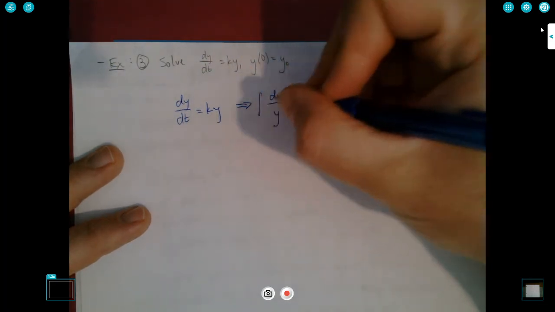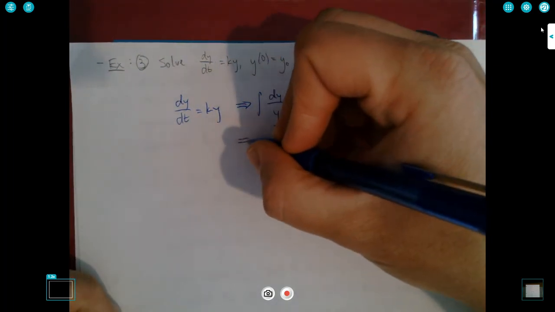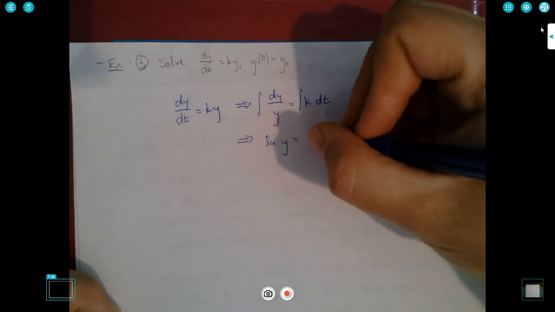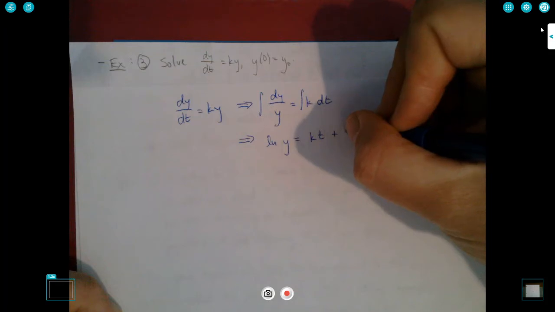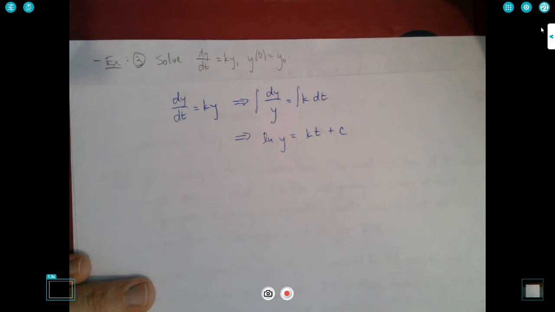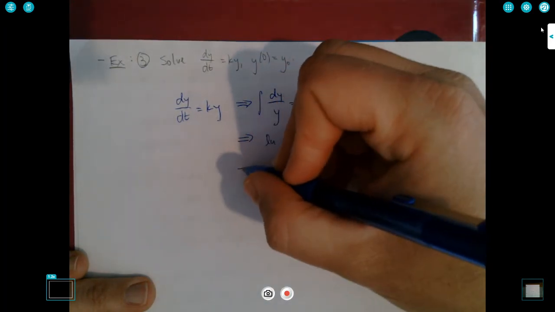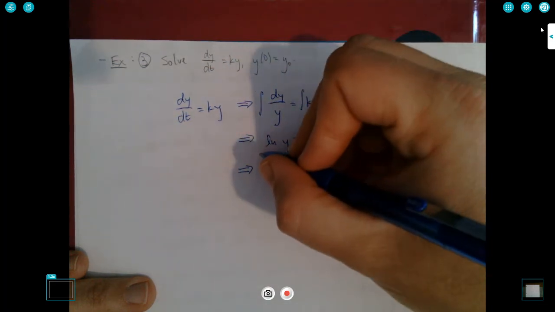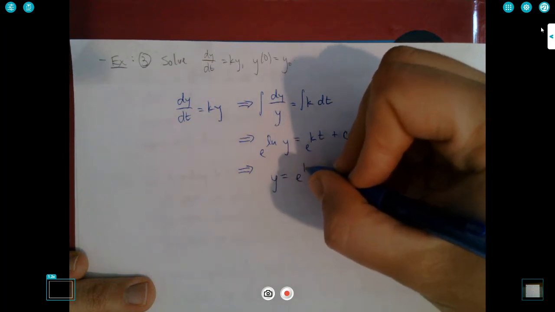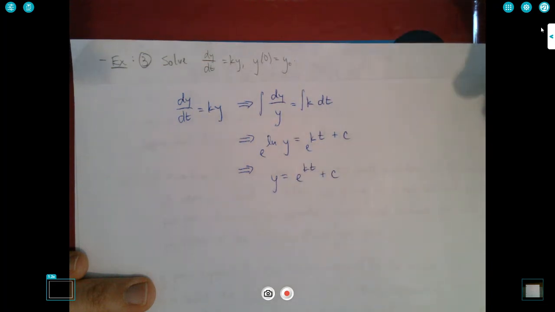And we can integrate both sides of this expression. And what we would end up with is ln of y equals k times t plus c. And if we wanted to solve for y, then we would exponentiate both sides, right? And we would get y equals e to the kt plus c.